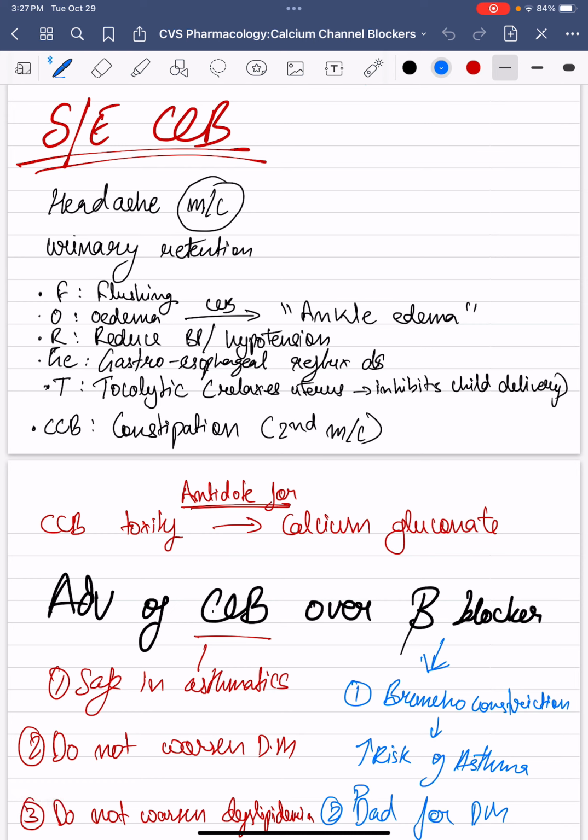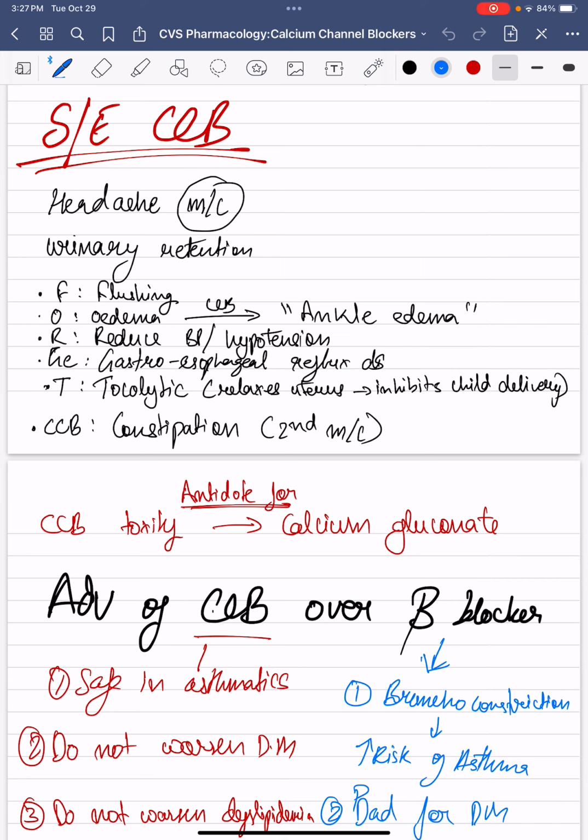The most common side effect of calcium channel blockers is headache, and secondly it will also cause urinary retention. The side effects can be remembered by: there will be flushing, there will be edema, most commonly ankle edema, which is the first sign of edema.